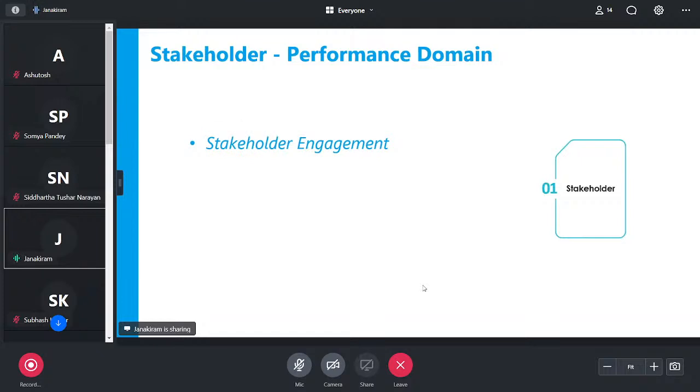So as a project manager, all the activities revolving around this performance domain include things like stakeholder engagement. You identify the stakeholder, you analyze the stakeholder, his power, his interest, his influence, etc., and you engage the stakeholder, and then you monitor the stakeholder as the project progresses.